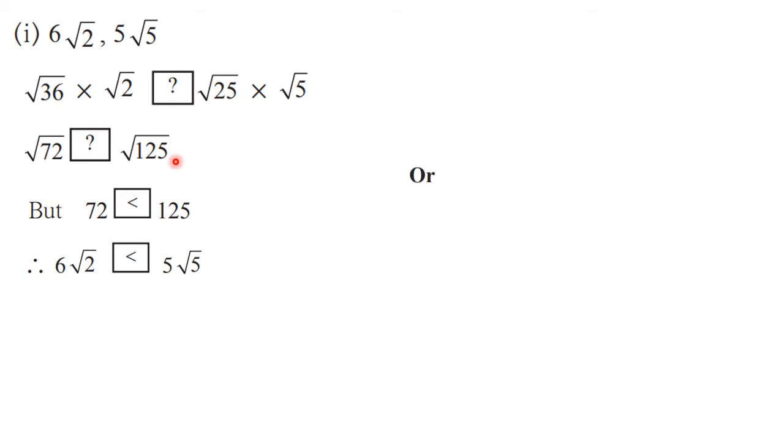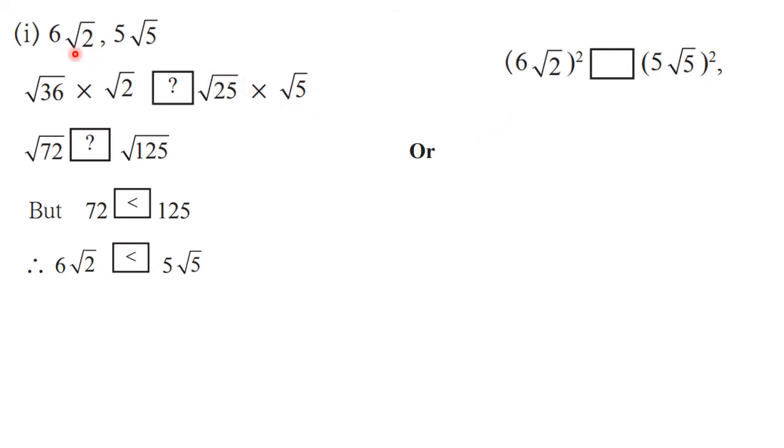Now one more method is there. In that method, instead of converting to roots, we are going to square these surds. Okay, so we are going to square both these surds, because we have seen the property just now that if we square it, then also the order remains the same.